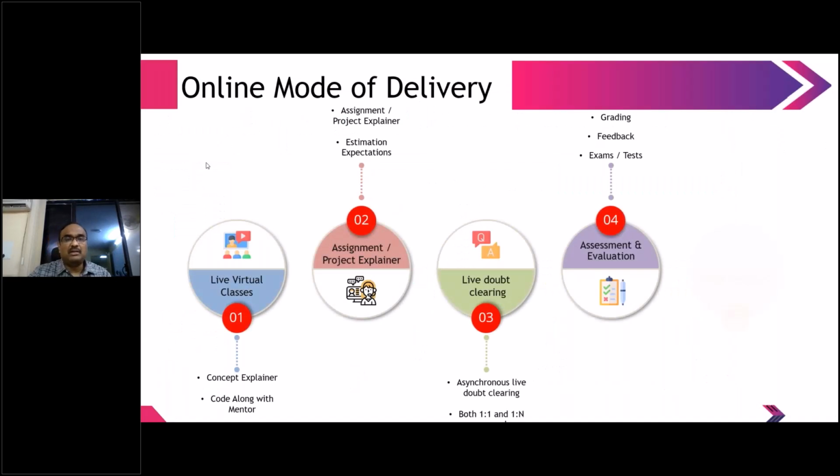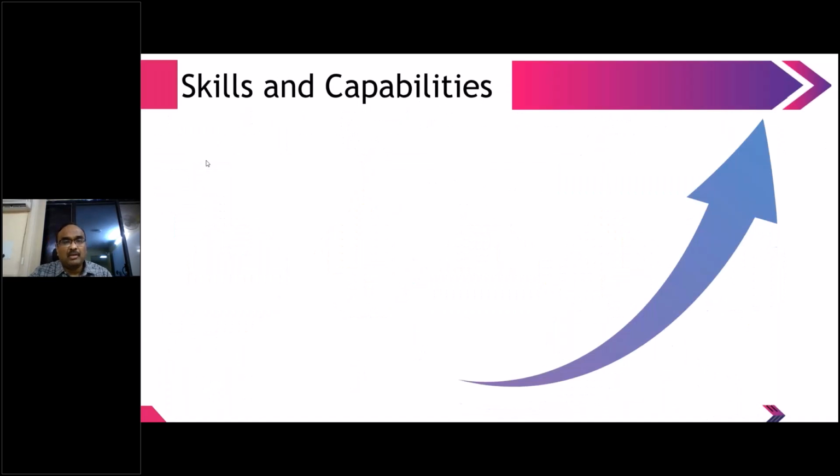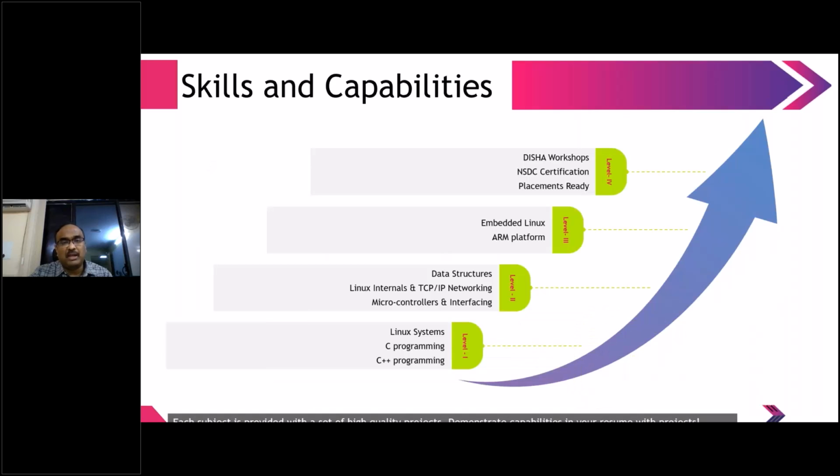We saw the online mode of delivery, and how your modules will be progressing. Many times students ask when they will be able to apply for placements. As I mentioned, once you are done with the data structures module, which happens after the 4th month, you can start applying for the placements.